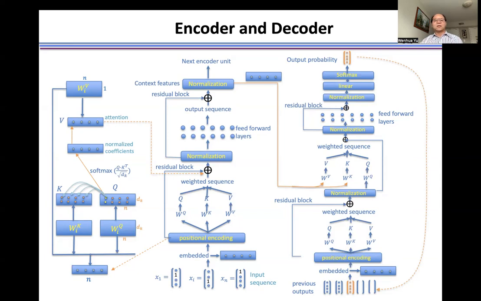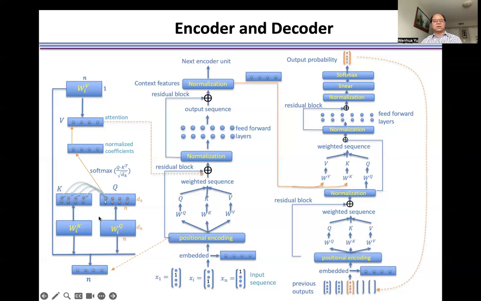The first encoder unit uses the input sequence as the input. We embed the input sequence and then encode the embedded sequence with the position information as the input to the self-attention module.